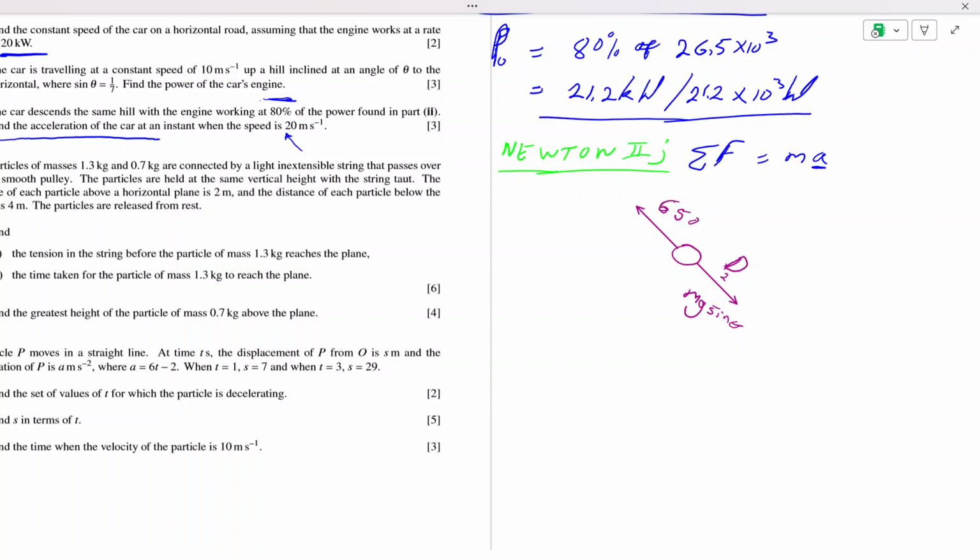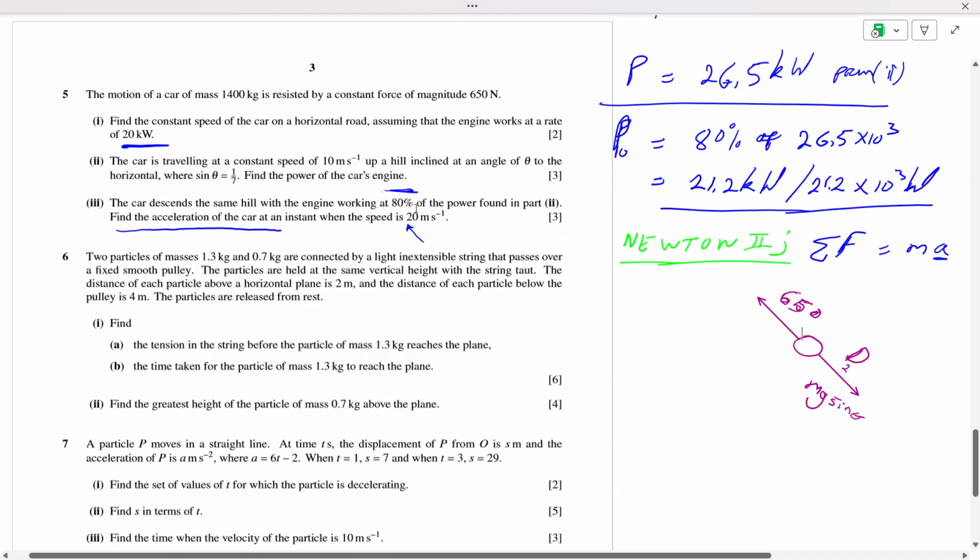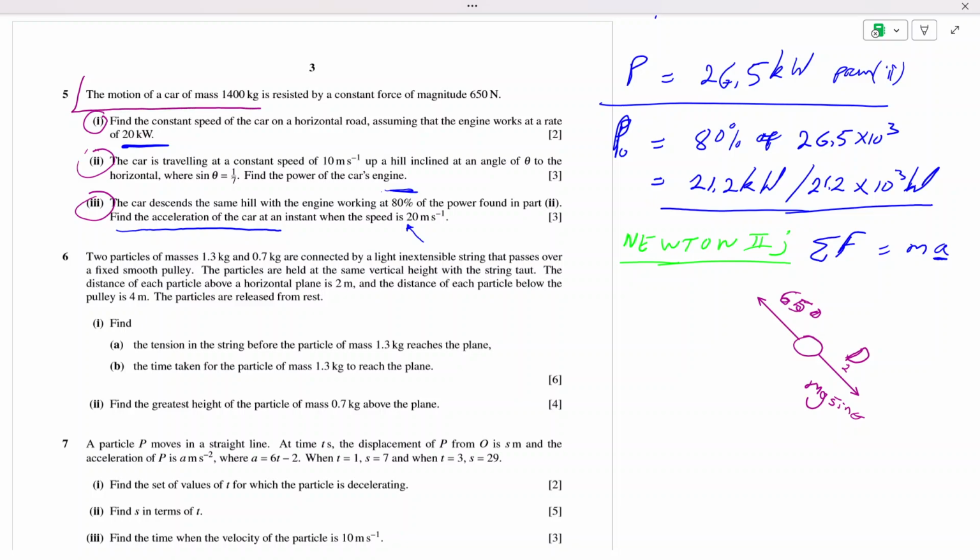It remains constant throughout the question. If they mention the resistive force in one of the parts, that means it only works for that part. But if they mention it as information for the whole question, like at the outset of the question, right here, that means you have to use that resistive force throughout the entire parts of the question.